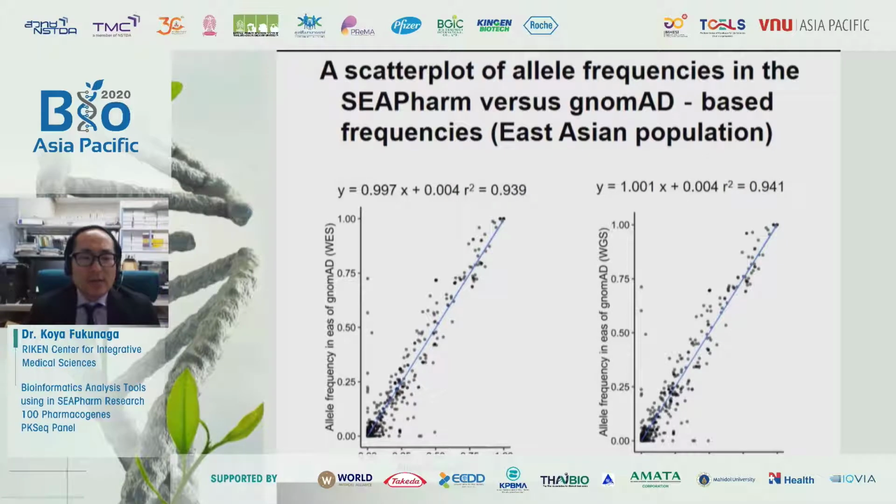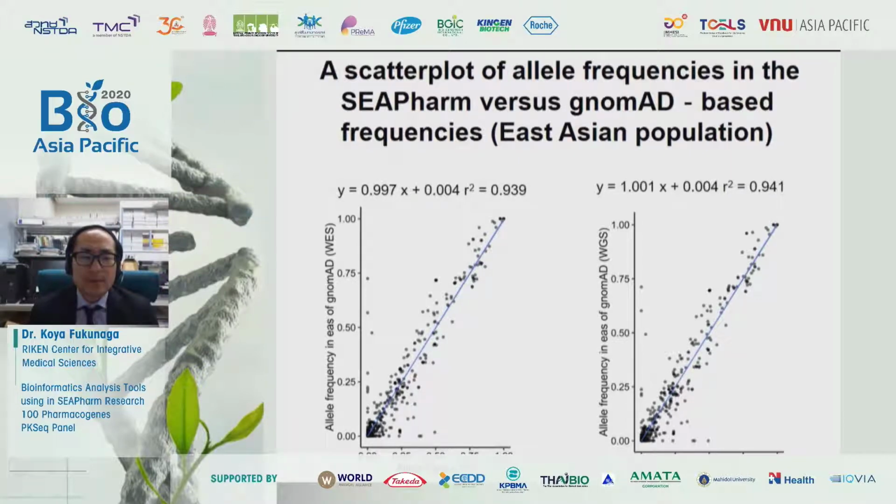I already showed the accuracy of PKSeq. Almost all variants of PKSeq were concordant with those of WGS. Therefore, to confirm the accuracy of SEAPharm variants detected by PKSeq, I compared the allele frequencies between PKSeq and WGS using the data of the SEAPharm project and the Genome Aggregation Database, abbreviated as gnomAD.